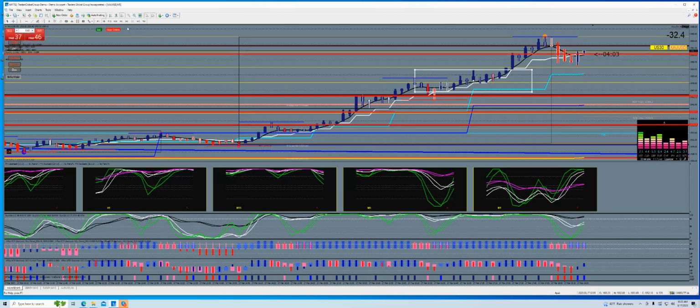So do you wait for that to happen before you take a trade? Yes. I wait for a change in direction on the 1 minute before I take a trade on any cycles on the 5 minute or 15, wherever I'm looking at. The 1 minute is the first time frame that's going to give me any changes. So if the 1 minute is not giving me a change in direction, I don't need to be going short or long.